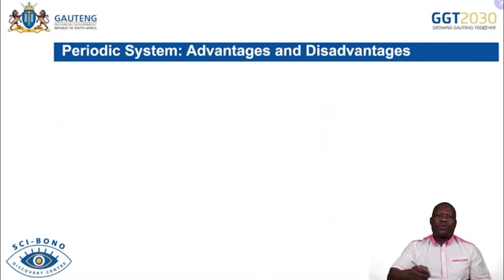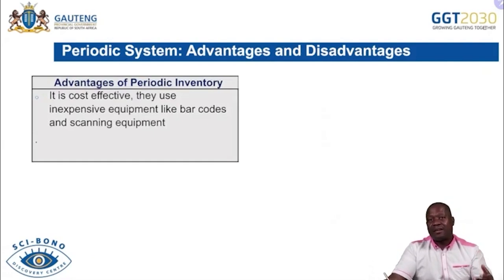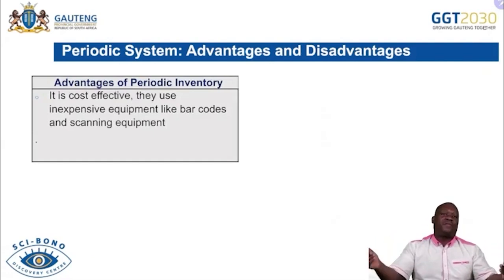Now, what are the advantages and disadvantages of using any of those two methods? When it comes to the advantages of the periodic, it is a cost-effective method because remember, we wait until the end of the year.